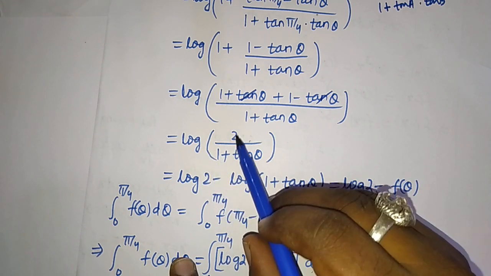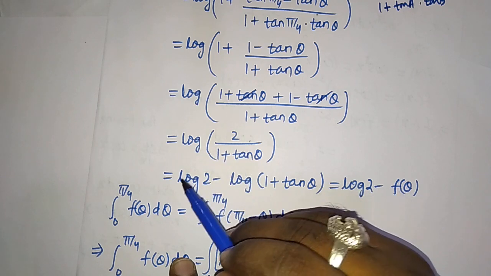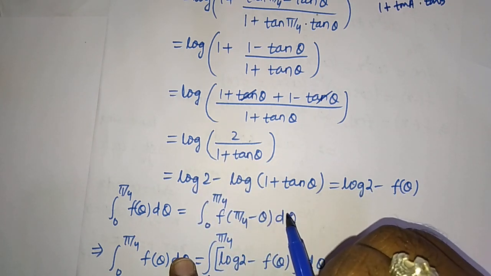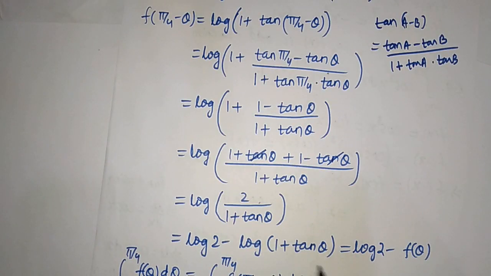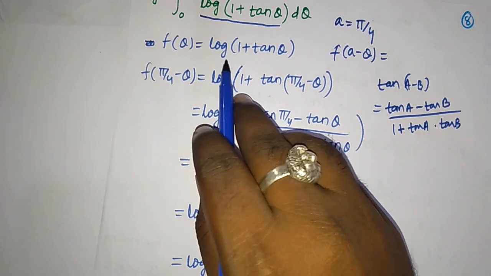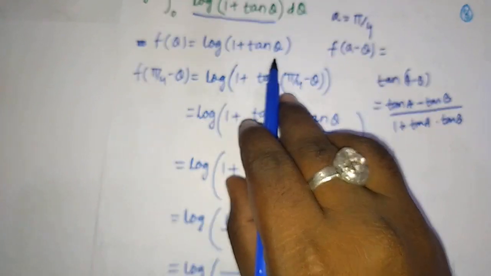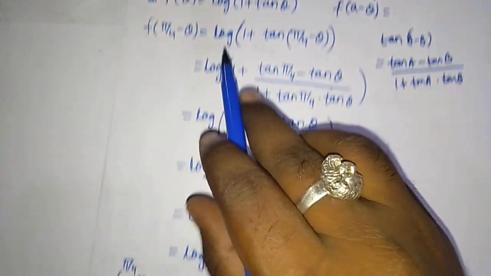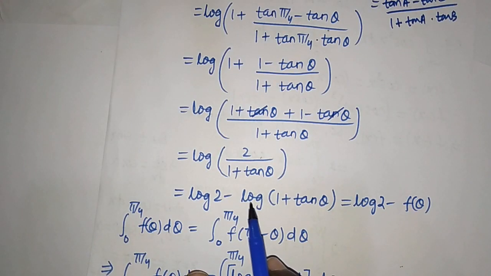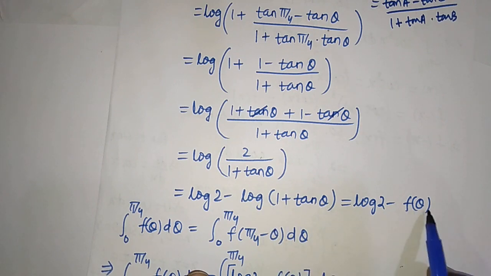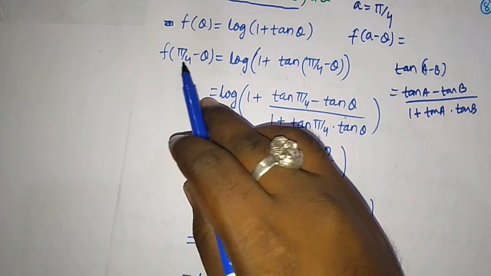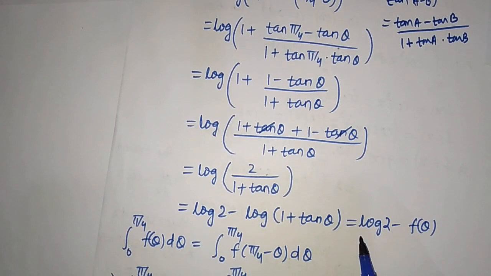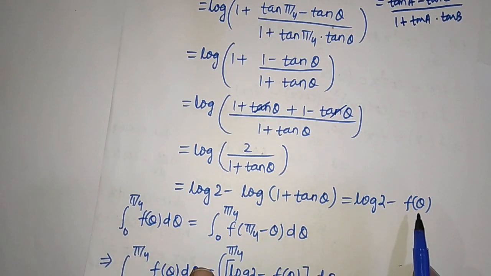So log 2 by 1 plus tan theta is equal to log 2 minus log 1 plus tan theta. And you can see here log 1 plus tan theta is the f of theta. So in place of log 1 plus tan theta I have written minus f of theta. So you have got f of pi by 4 minus theta is equal to log 2 minus f of theta.